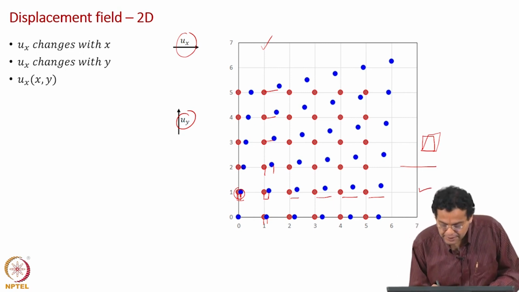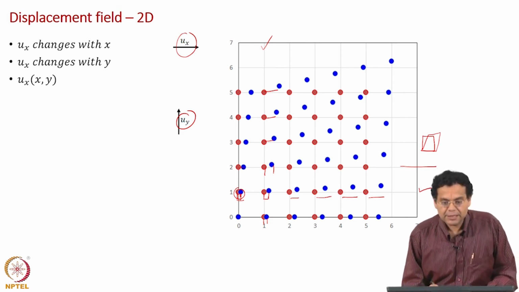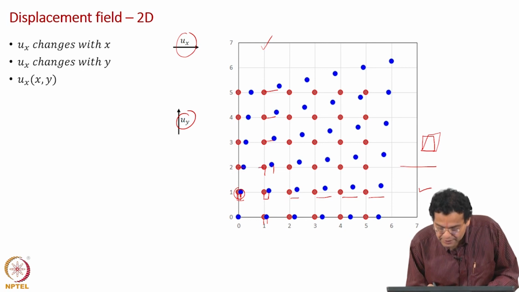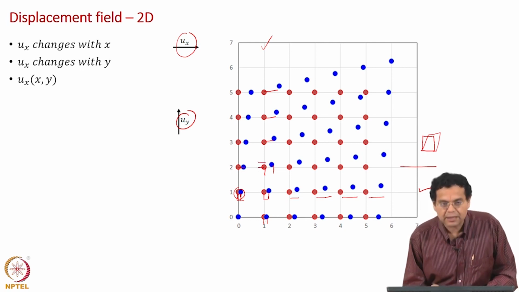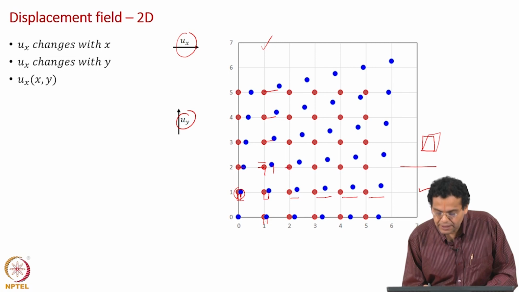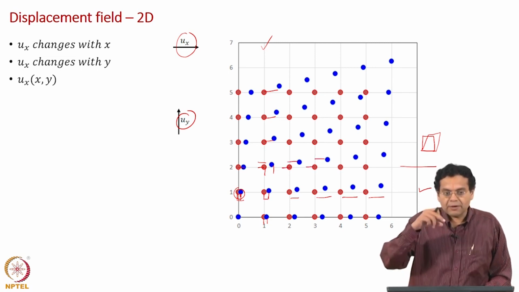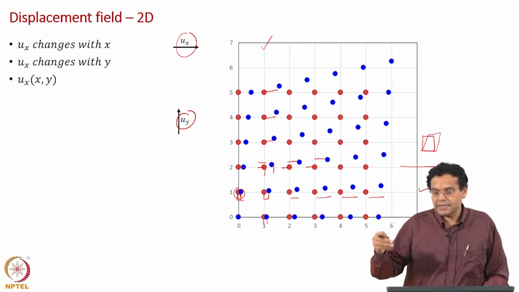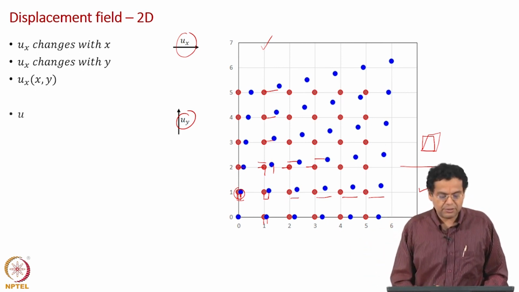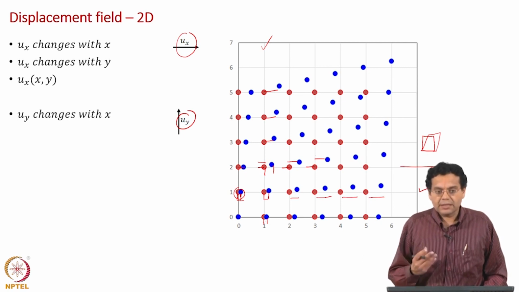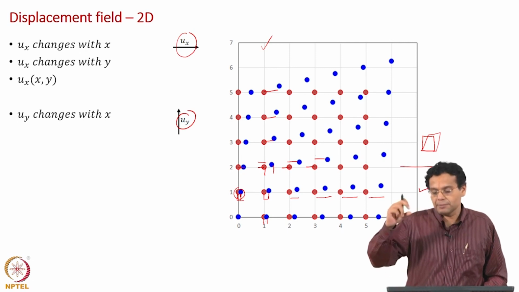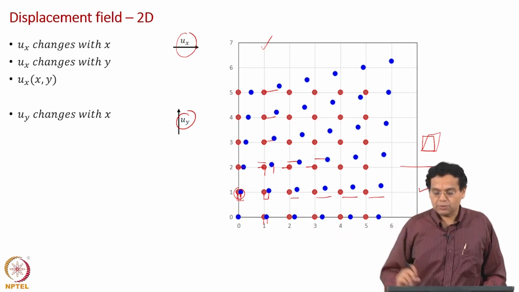Here there is hardly any vertical displacement, but now if you see, there is a vertical displacement between the red and blue dot. That vertical displacement is more here, still more here. So, the vertical displacement increases along the x axis. uy changes with x. So, uy increases with x. So, vertical displacement is a function of the x coordinate.